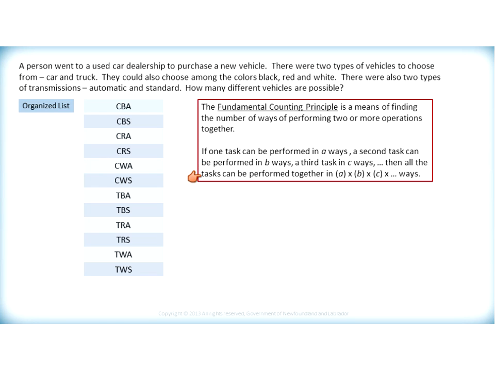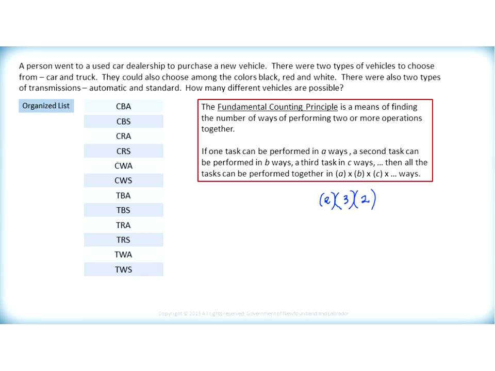So all the tasks can be performed together in A multiplied by B multiplied by C ways. So in this case here, we have a choice between a car and a truck, so there are two choices. Multiplied by the colors, we have three choices in color, black, red, and white. And we have two choices in the type of transmission, standard and automatic.